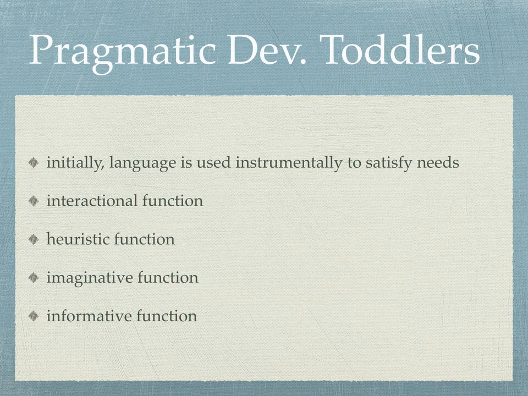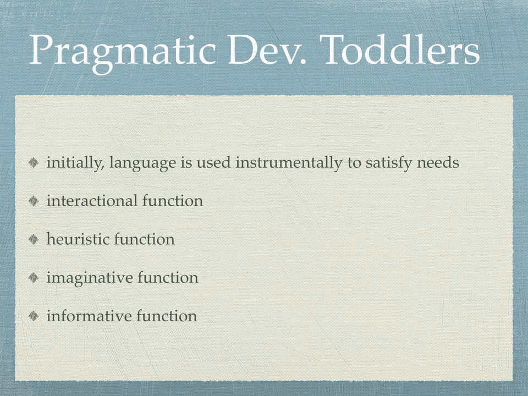Pragmatic development in toddlers. Initially, language is used instrumentally to satisfy needs, but then it really takes on different forms. So your interactional function, they are wanting to get your attention by saying, look. Your heuristic function is them trying to ask questions. What is this? Discovering things hands-on.